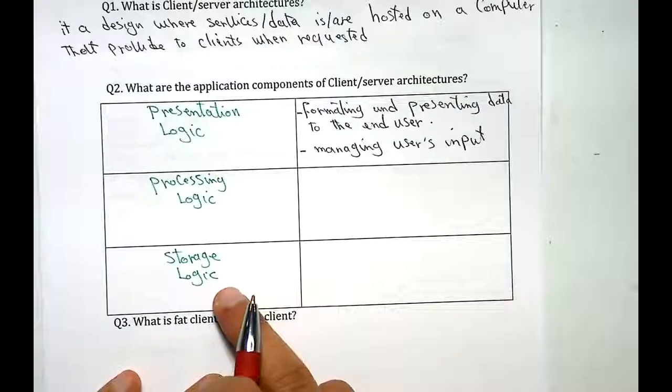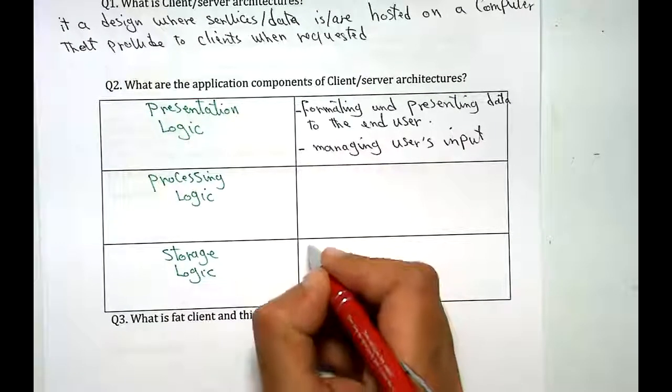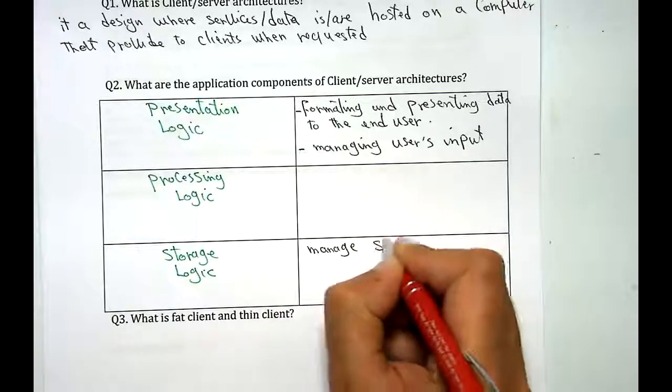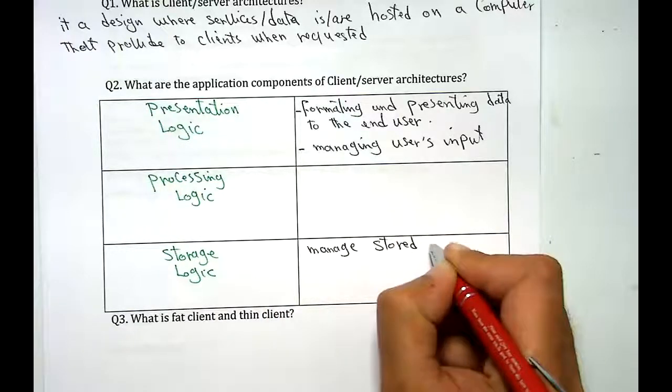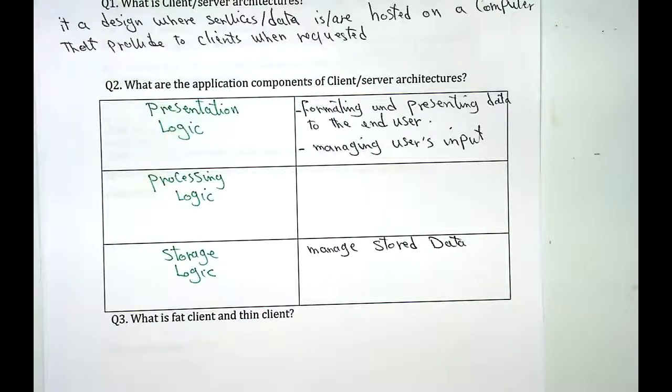What about storage logic? From the name, storage, it handles all the data, storing the data. Okay? So DBMS manages the stored data. And what is the software that manages this data?